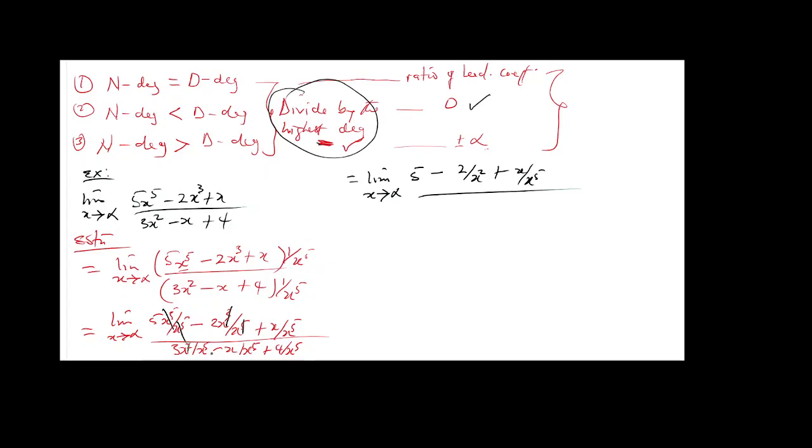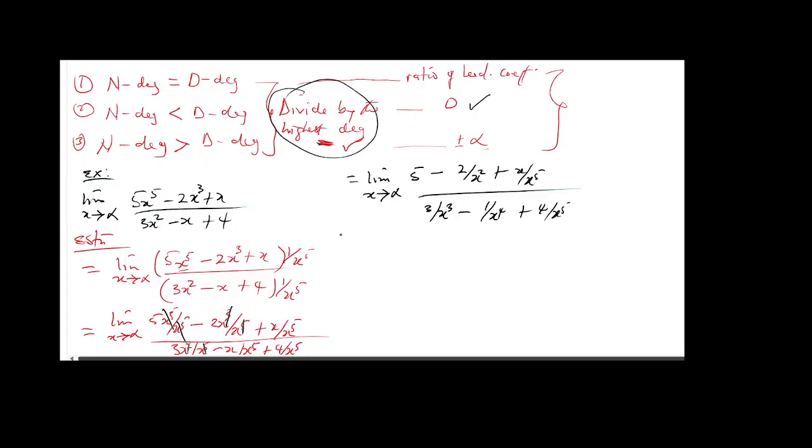This can cancel out, leaving x cubed here. So we have 3 all over x cubed minus 1 all over x to the power of 4 plus 4 all over x to the power of 5.